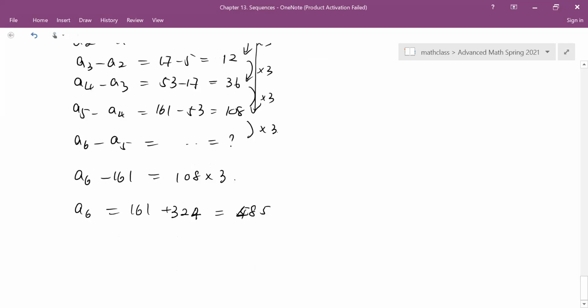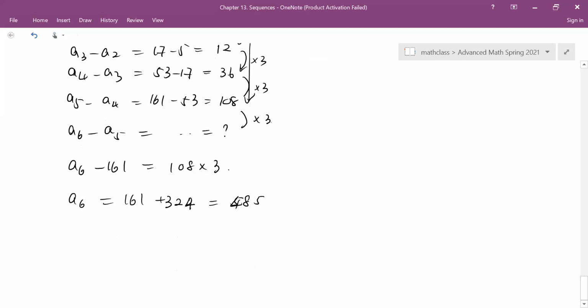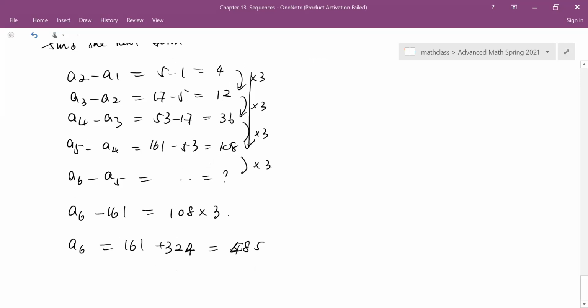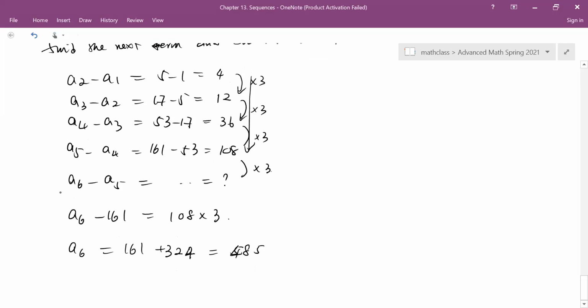Now to figure out the general term is a little bit more difficult. We continue here. This will be the first term times 3. This will be the first term times 3 times 3, so 3 squared.